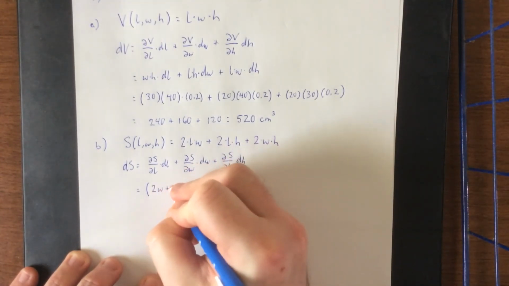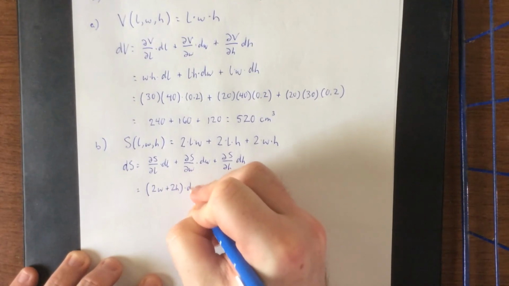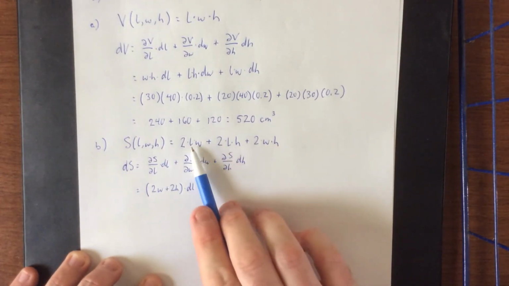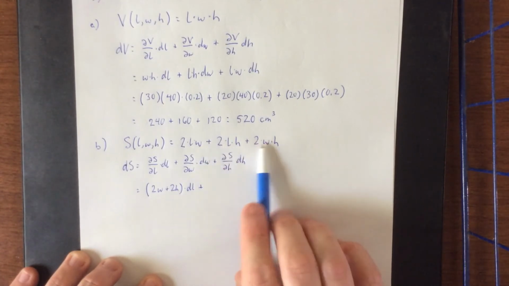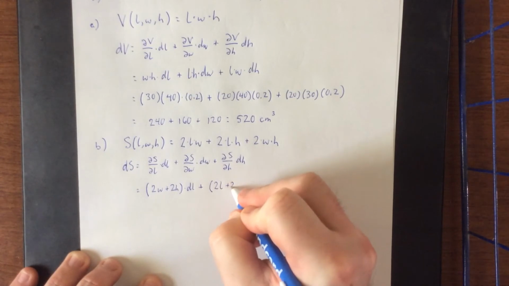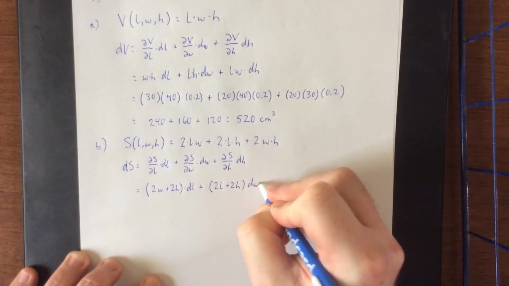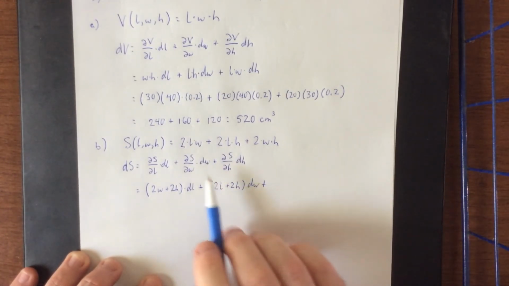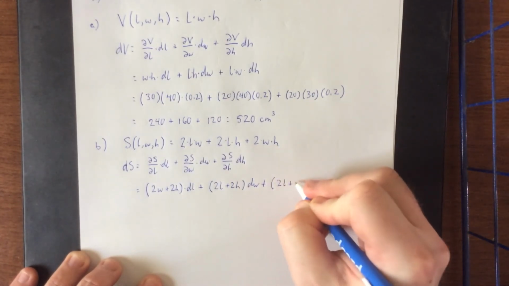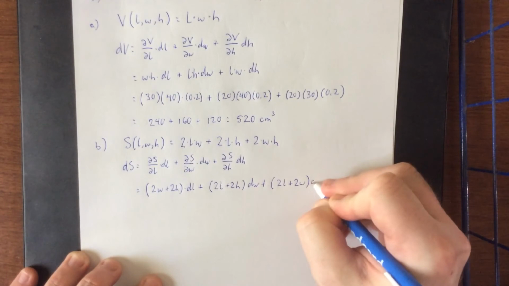So 2W plus 2H times dL plus partial derivative with respect to W, we'll get two terms from the first and the third term, and the second term will no longer be present as it was constant. And for a partial derivative with respect to H, we'll get the last two terms remaining, and the first term was constant, and so it is gone.